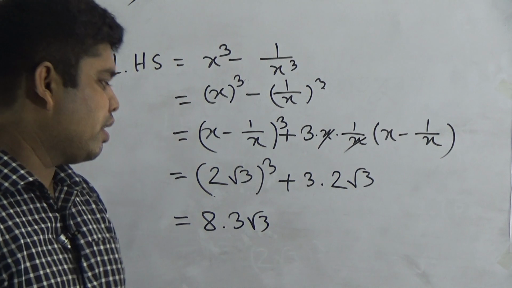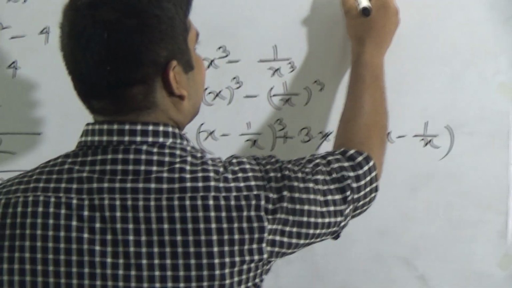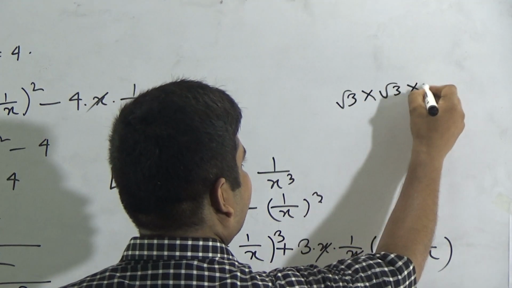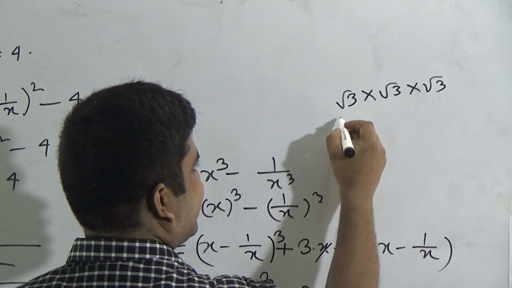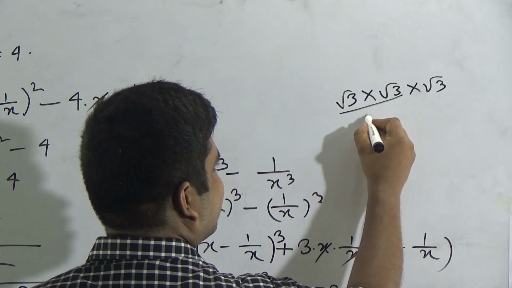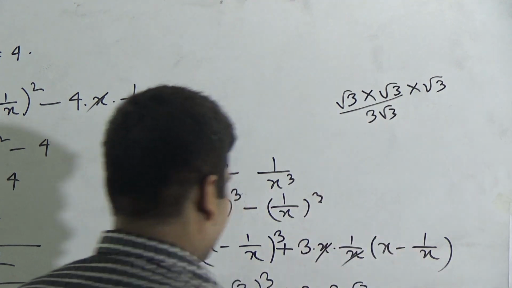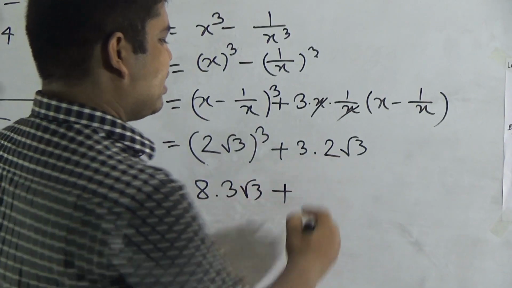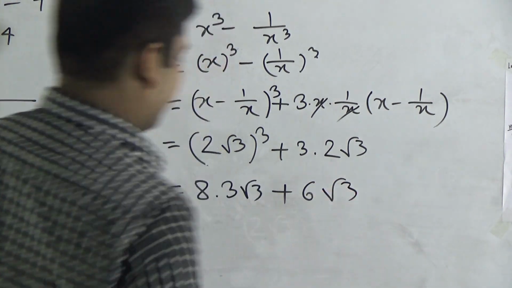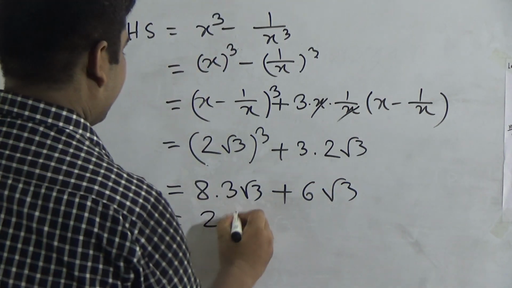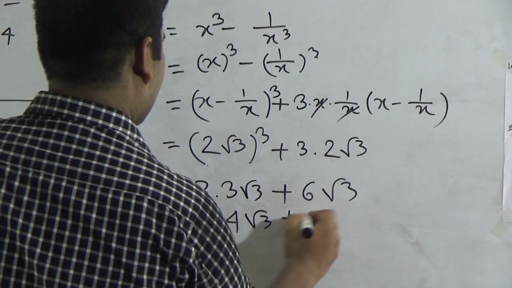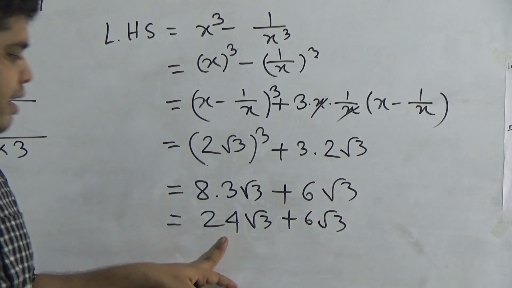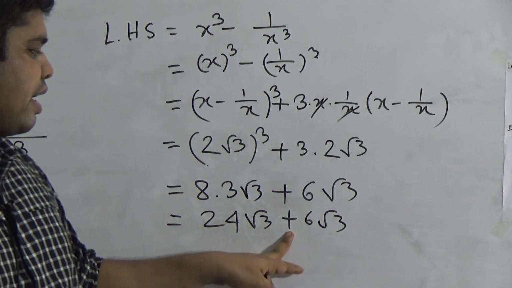We have already shown it in our previous class. 3 root 3 means root 3 whole cube, means this root 3 makes 3 and this root 3 is here. So I hope you have understood. Then plus sign is here. 3 2s are 6, 6 root 3. Now 8 3s are 24 root 3 plus 6 root 3.